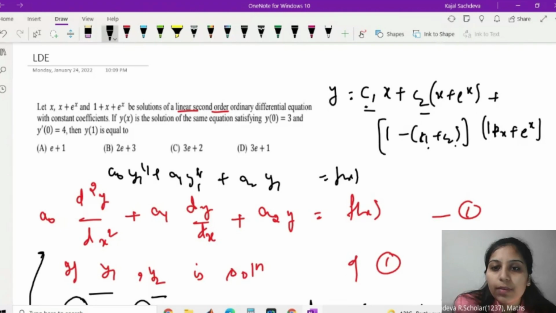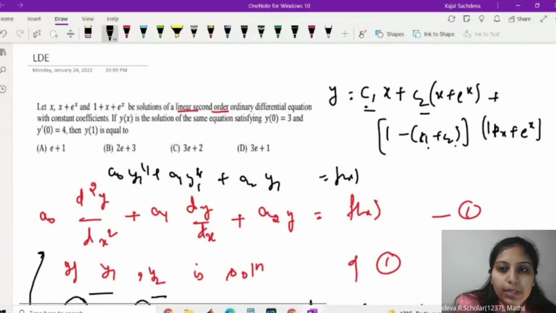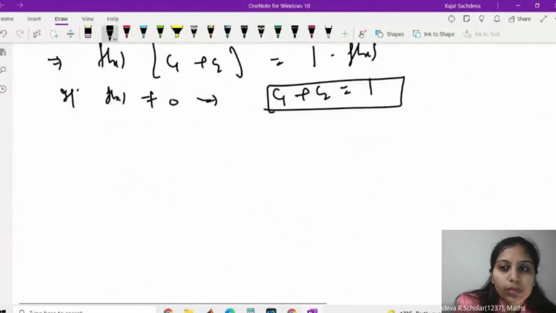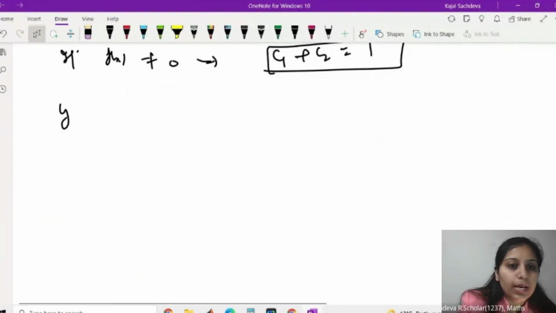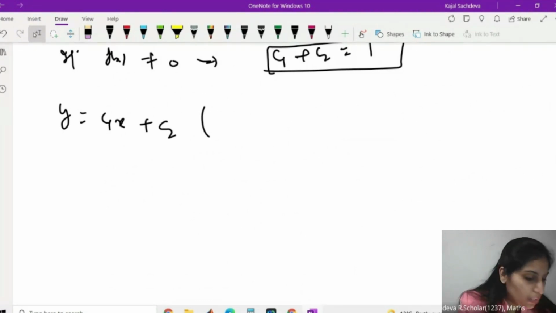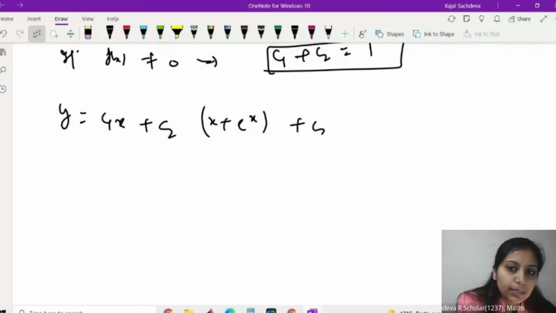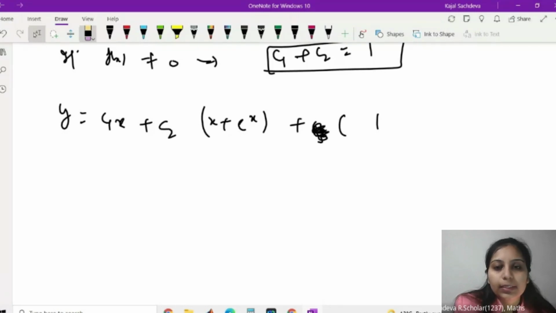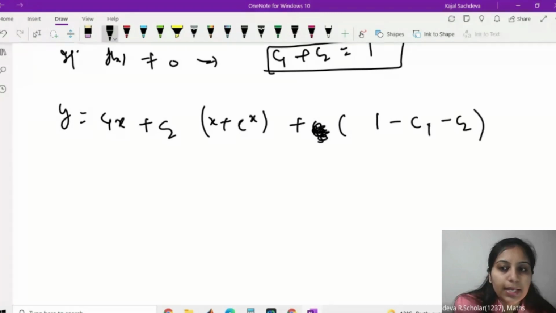Or we can solve it further. How can we solve it? Just one minute. So we get y = c1 x + c2 (x + e^x) + (1 - c1 - c2)(1 + x + e^x).